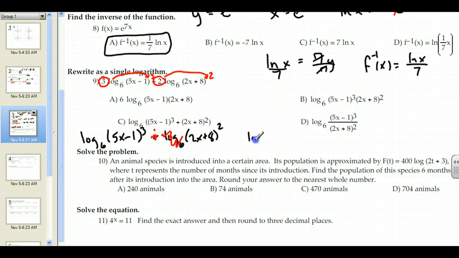So we end up with the log base 6 of 5x minus 1 cubed times 2x plus 8 squared, all in the input of that logarithm. Okay, so that is going to be B.